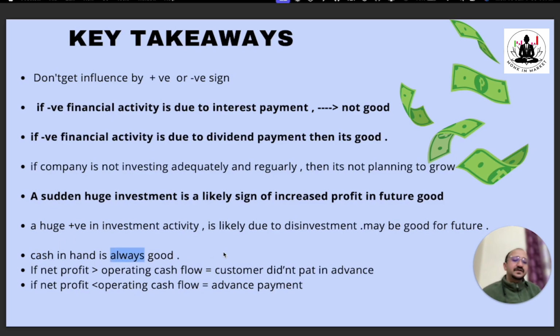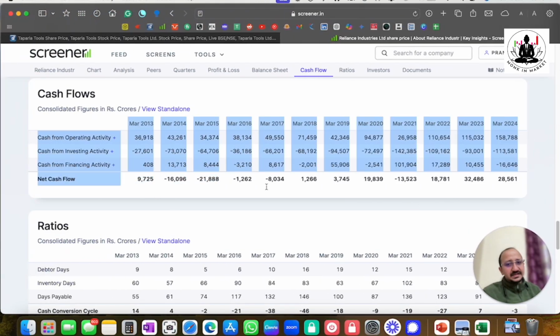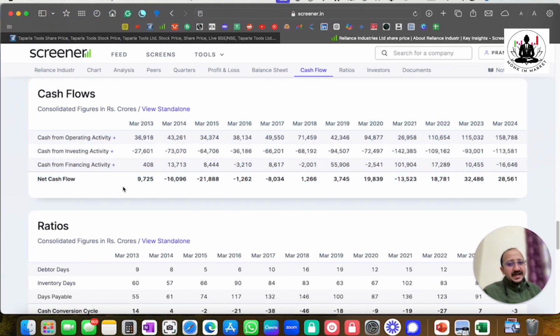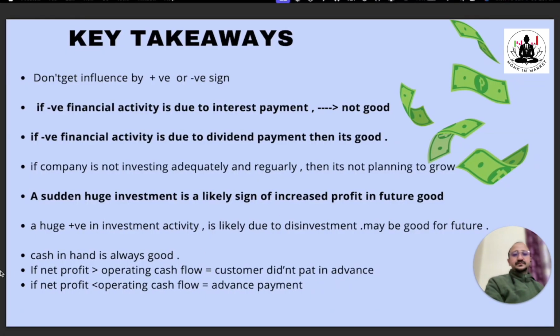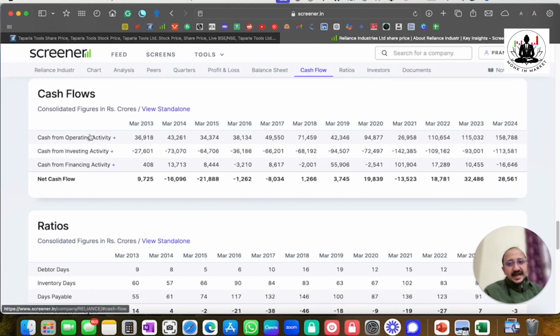Cash in hand is always a good thing, guys. More cash is better. If a company has more cash in hand, that is good. So net cash flow, if it is positive, again good. If it is negative, we have to see why it is negative. I hope this is clear to everybody. As I told you, the cash flow statement is not the whole and sole criterion.